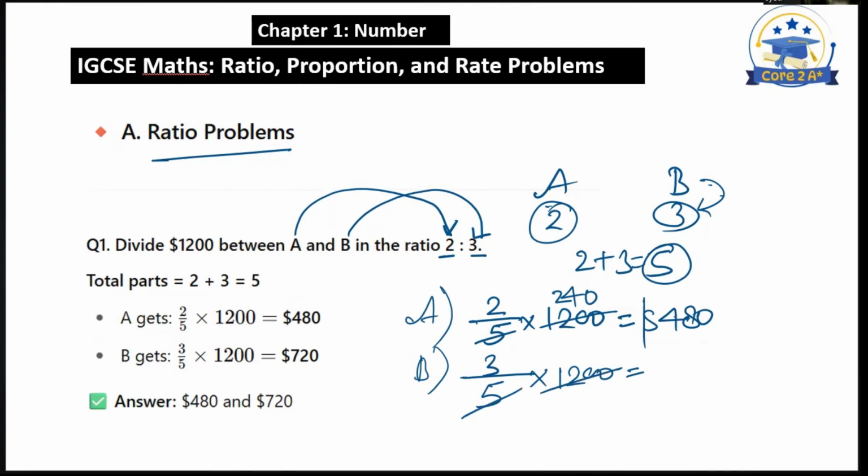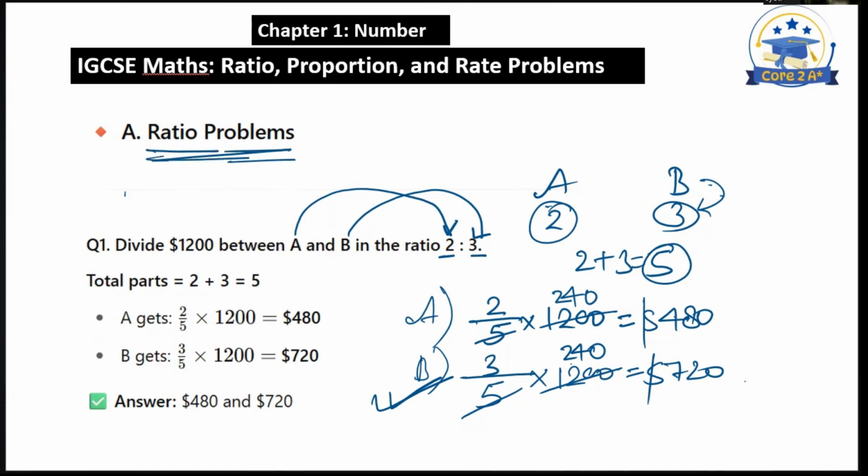Now again, you can simplify and you will be getting 240. 240 times 3 is equal to 720. So $720, who is getting it? B, right?